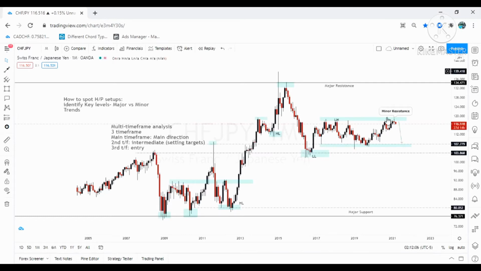Because we just came down with an impulse move. I'm not sure if this is a correction or the market's going to continue up. And then another clue, I'm not sure if it's going to be valid or not, but there's a trend here. It looks messy. There's a trend here.